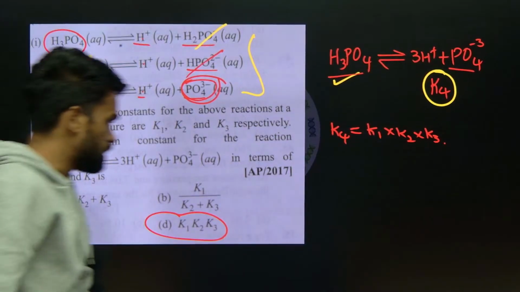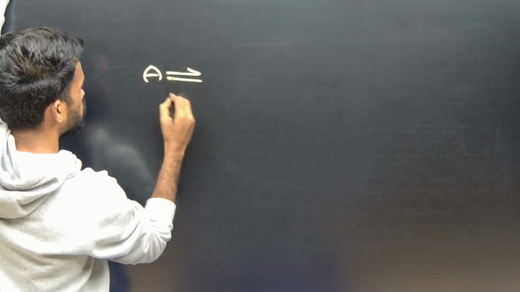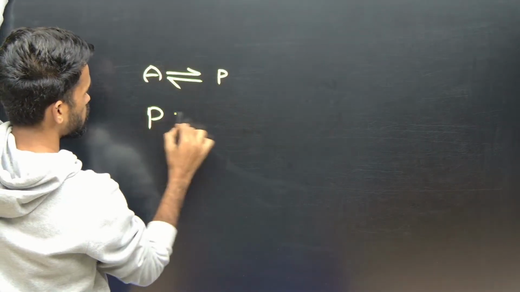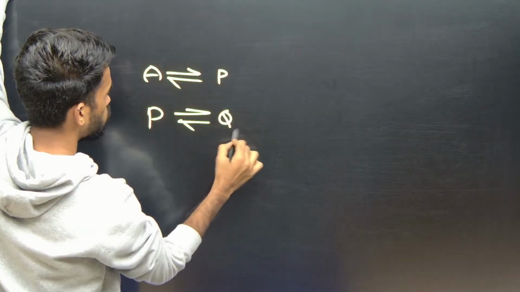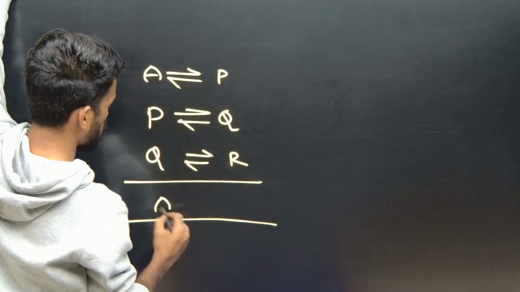Okay, and the same question might be asked with giving some values. For example, A gives rise to P, P gives rise to Q, Q gives rise to R, then what is the equilibrium constant for A to R?